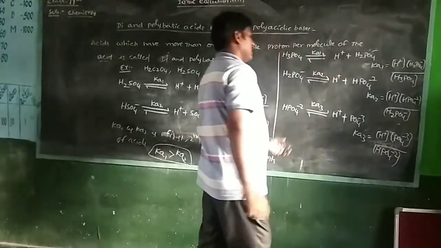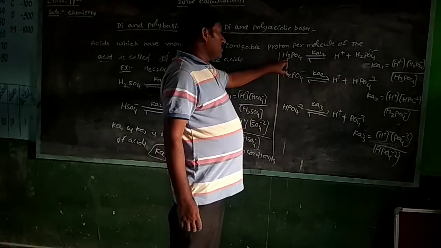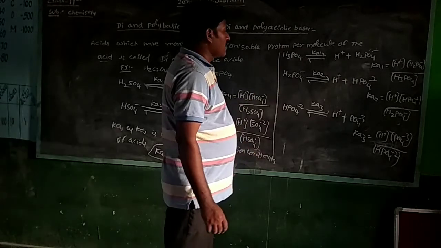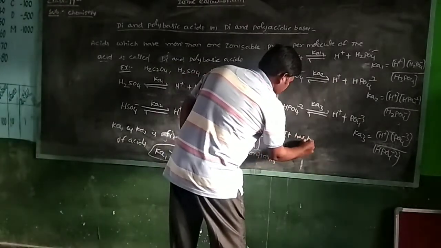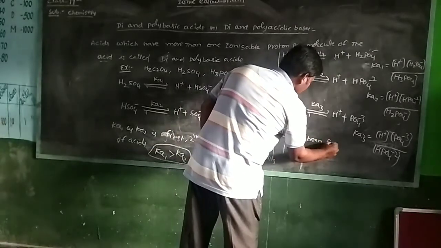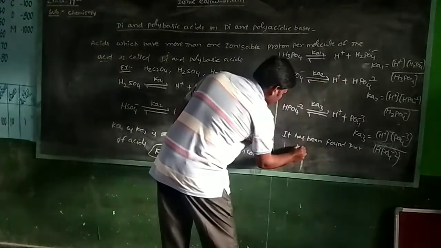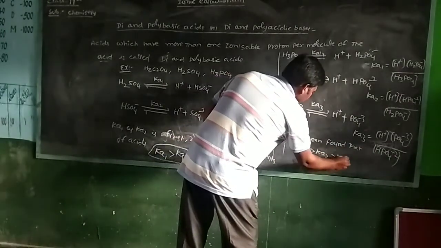Which step is easiest? In H3PO4 the first H plus ion is easily removable. That is why it has been found that Ka1 is greater than Ka2, which is greater than Ka3.